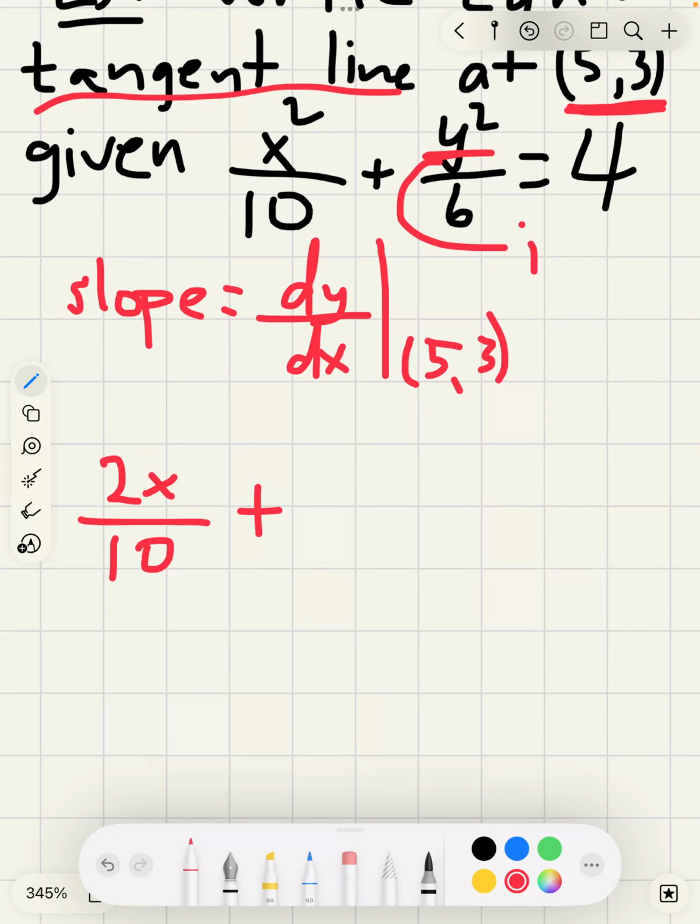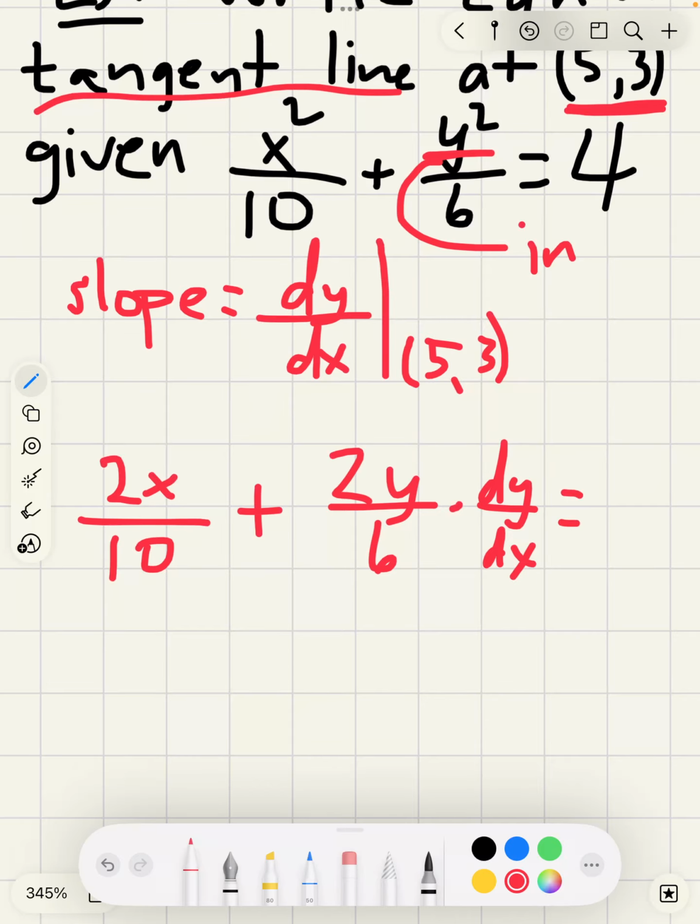So inside is y, outside is stuff squared over 6. Derivative of stuff squared over 6 is 2 stuff over 6. And then we have to multiply by the derivative, dy dx. And on the other side of the equation, we're taking the derivative of 4. Derivative of any constant is 0.